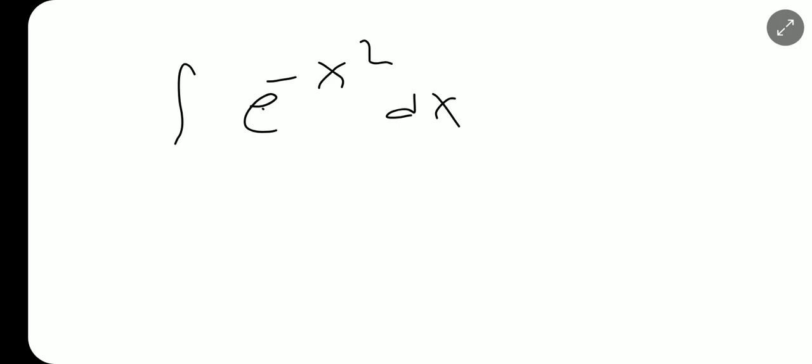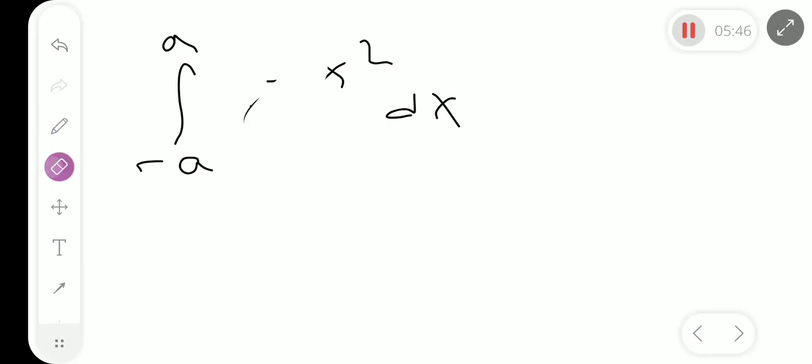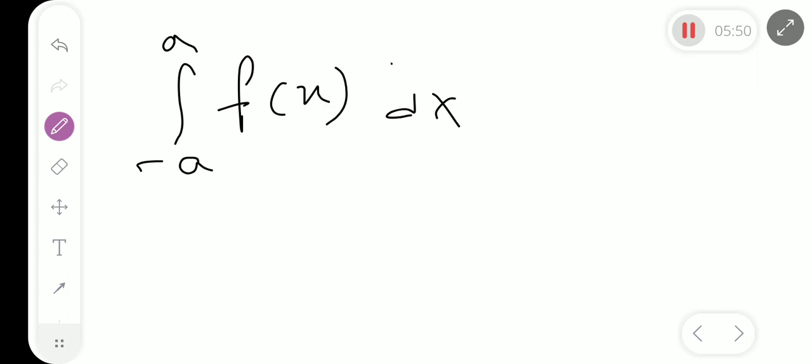So I am just using a instead of infinity here, for finding the property.